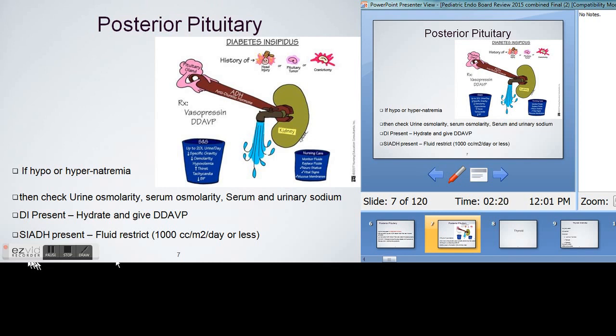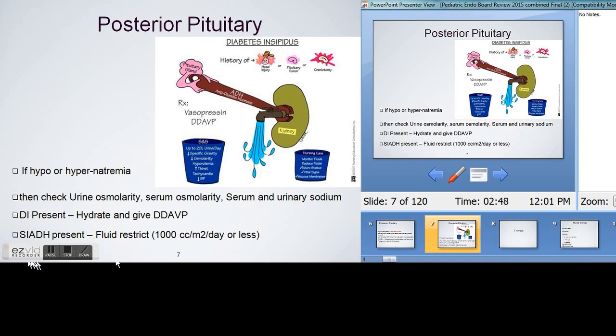So if you have a patient with hyponatremia, we'll check the urine osmolality together with the serum osmolality, together with the serum and the urine sodium. If DI is present, then these patients will have a very dilute, abnormally dilute urine for the really concentrated serum. So the osmolality will be more than 300 in the serum.